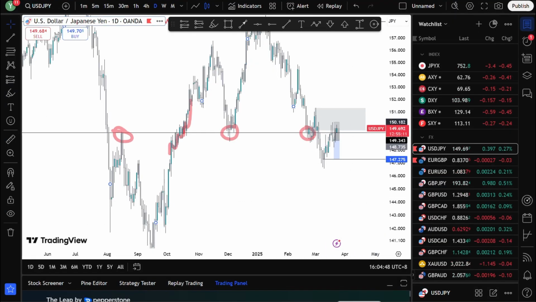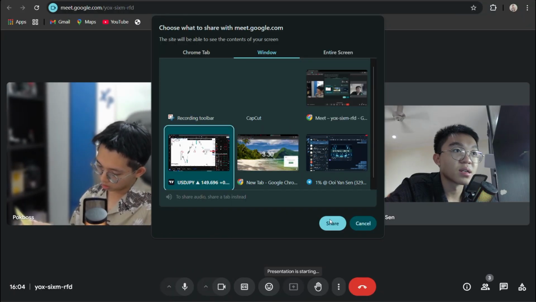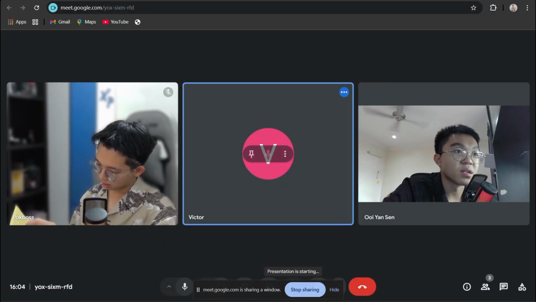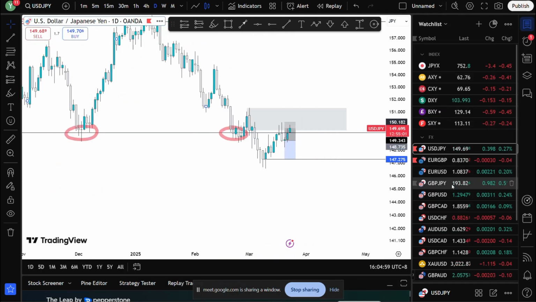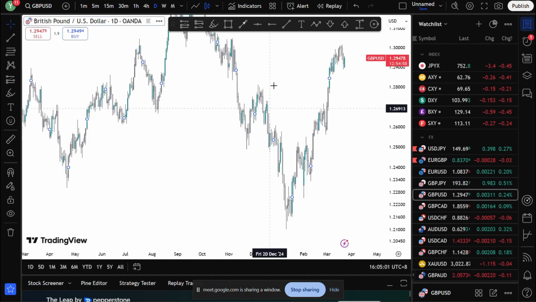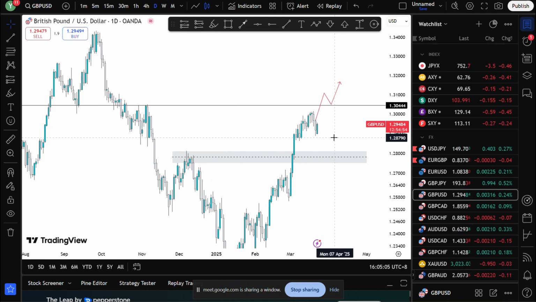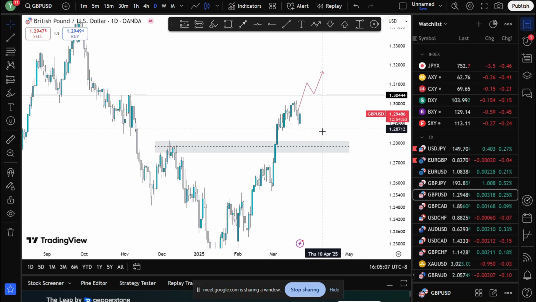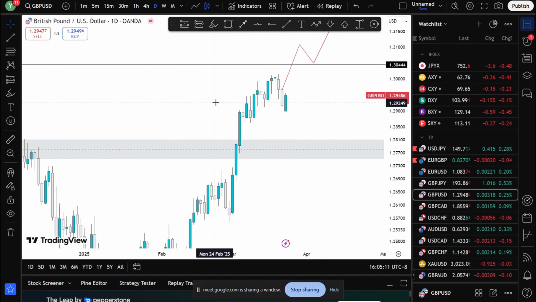Let me present my screen here. Okay, so from what I see for GBPUSD, because I am not a scalper, I will not see things from a very small time frame.